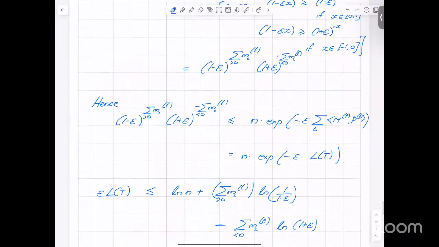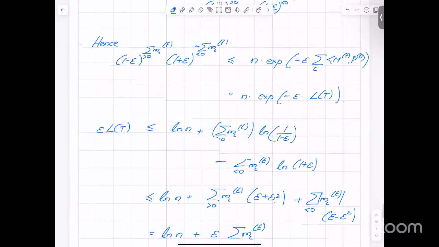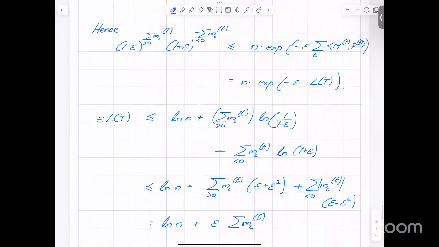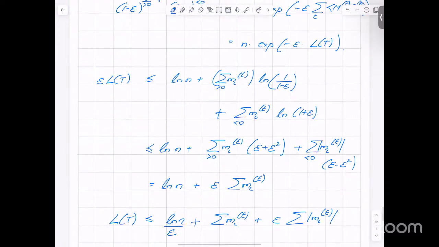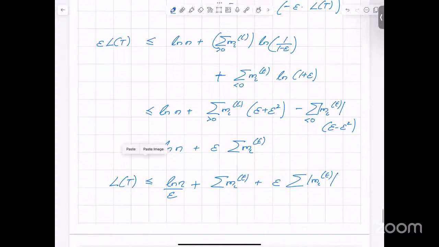I flipped the sign somewhere. This is a plus. Yeah. Then things work out. It's a plus, therefore there's a minus mod m_i^t, and then everything works out.